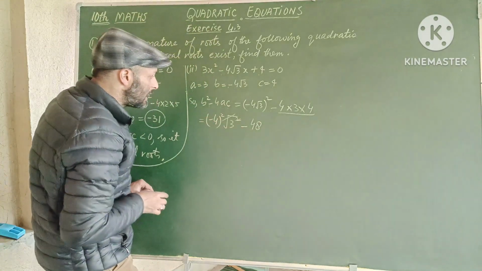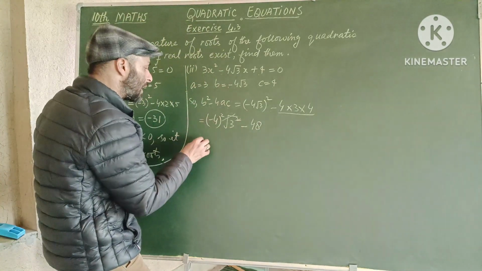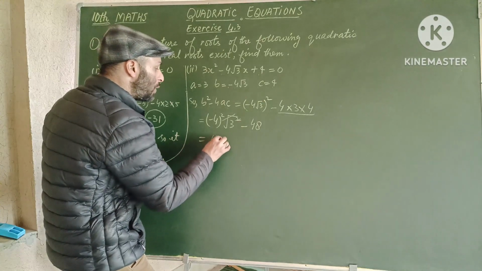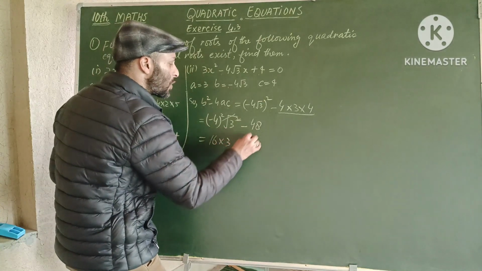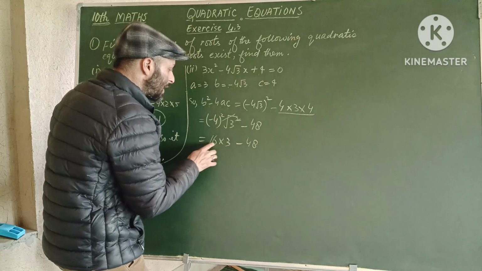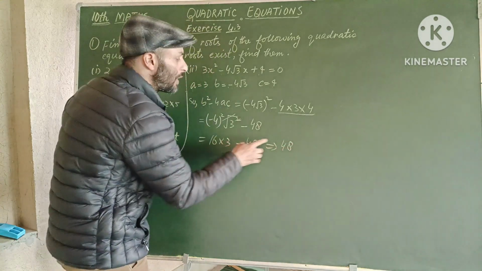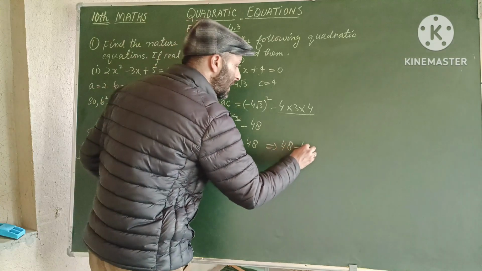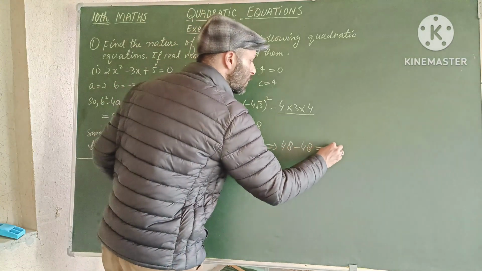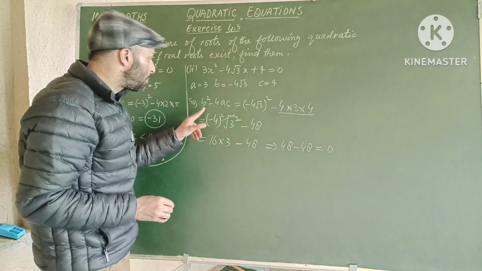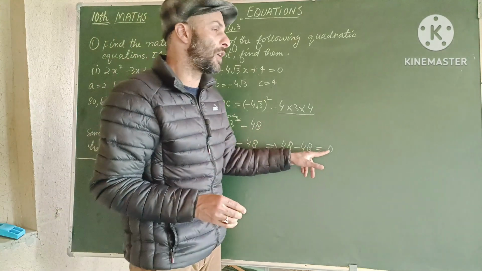The square and square root cancel. Minus 4 square is 16, 16 into 3 is 48, so 48 minus 48 is equal to 0. So the value of b square minus 4ac is 0.